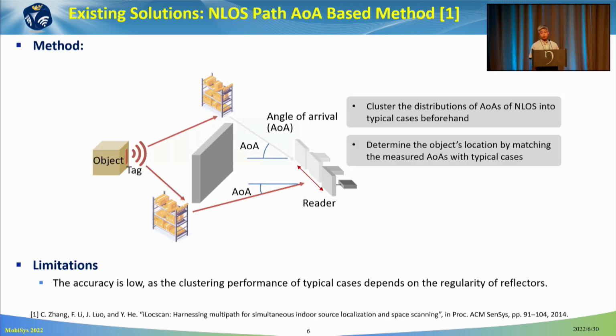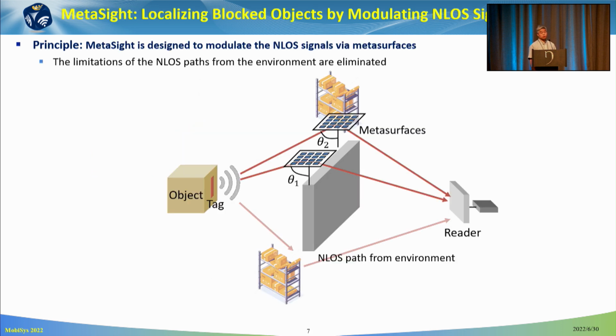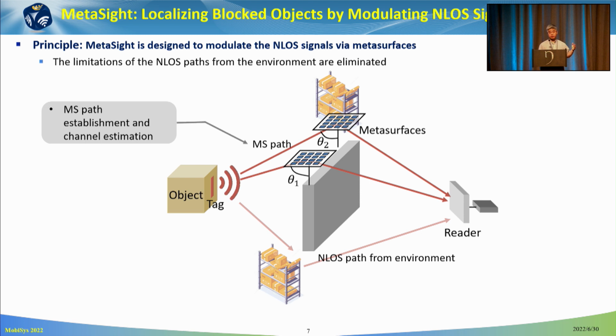So in this paper, we take a different approach. We use a Metasurface to modulate the reflected signals so that we can eliminate the impact from the non-line-of-sight paths in the environment. First of all, we need to establish an end-to-end path from the object to the Metasurface and then to the reader.